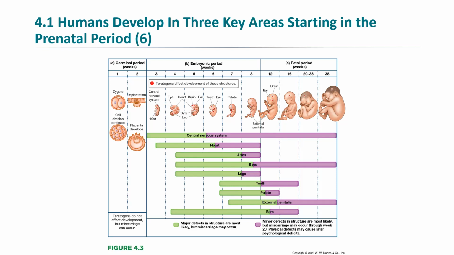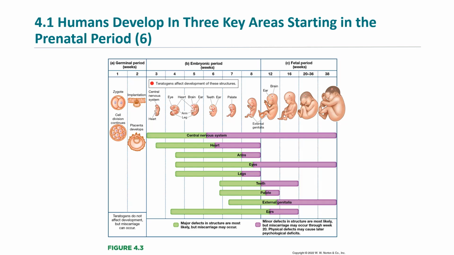And you can see here all of these different systems of the body forming that are shown in the green and purple charts. During the times shown in green, this is when major defects are most likely. You can see these green bars are throughout the embryonic period. When things are starting to form, they are susceptible to problems. If there are problems with the eyes, perhaps this baby is going to end up being born blind.